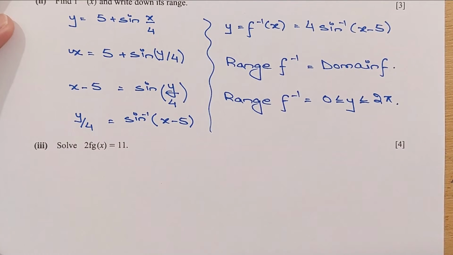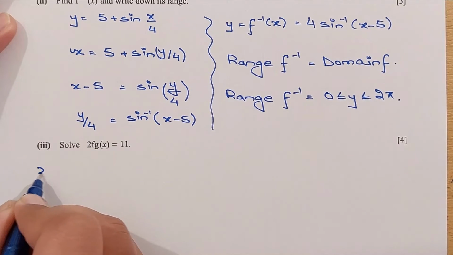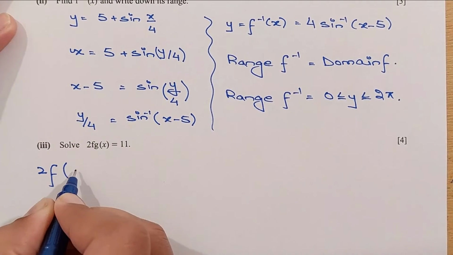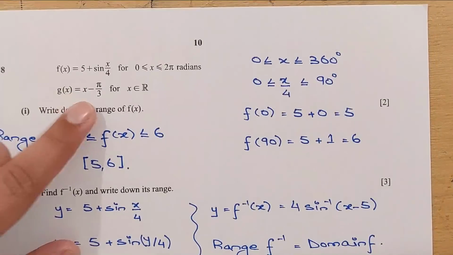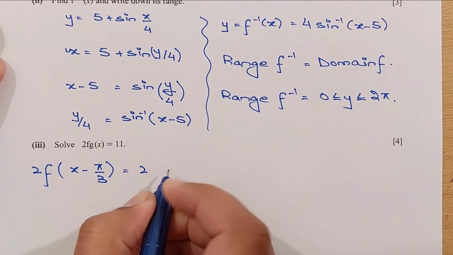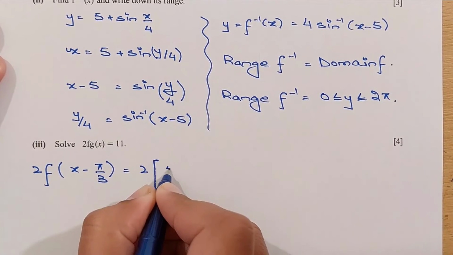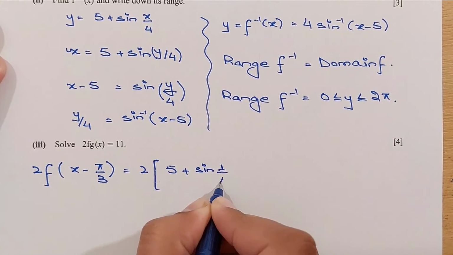Now for the third part, solve 2f composition g of x equals 11. So first we have to do 2f of g of x, where x minus pi by 3 is the function g of x, right? Okay, now let me simplify. 2f of x is equal to 5 plus sine of 1 by 4 times x.